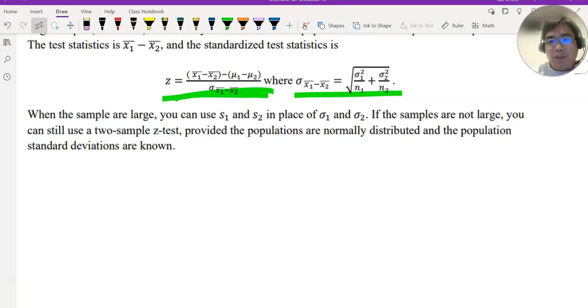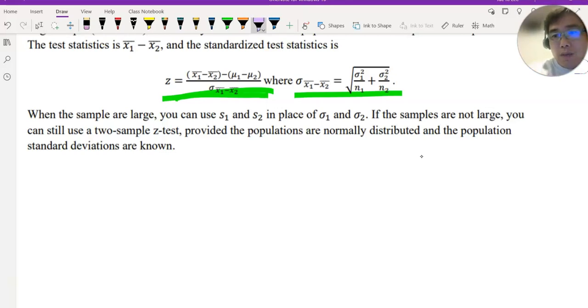If the samples are not large, you can still use a two-sample z-test, provided the populations are normally distributed and the population standard deviations are known. That's a really important sentence here.